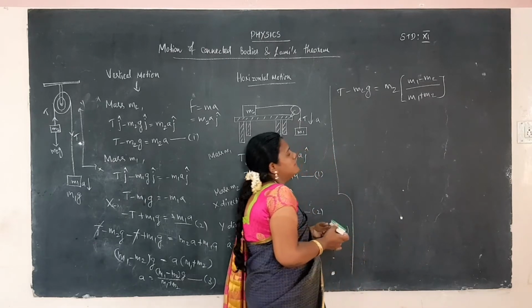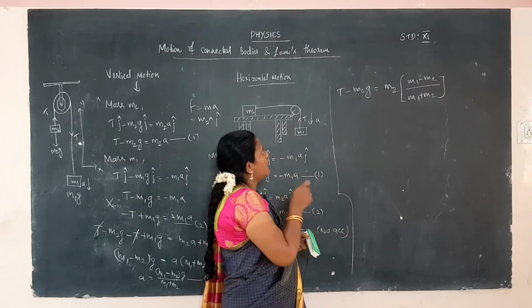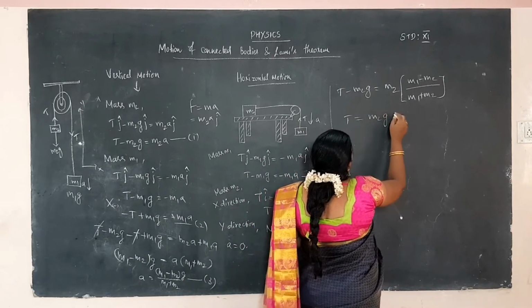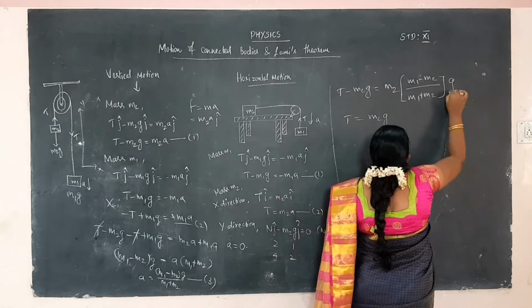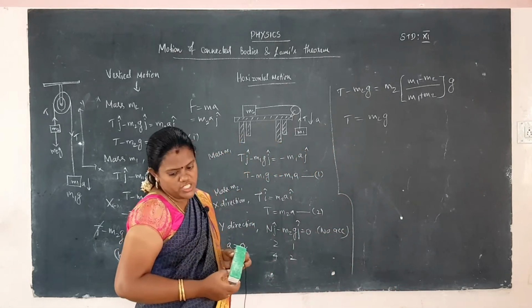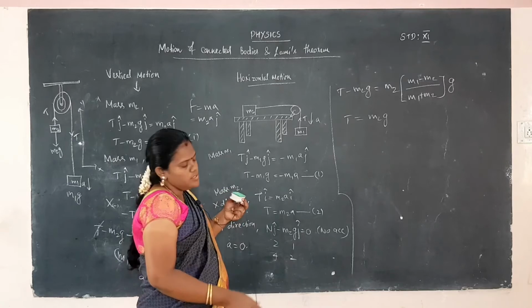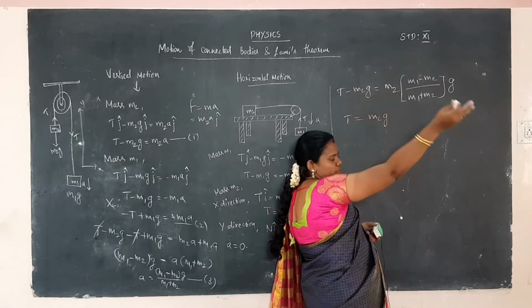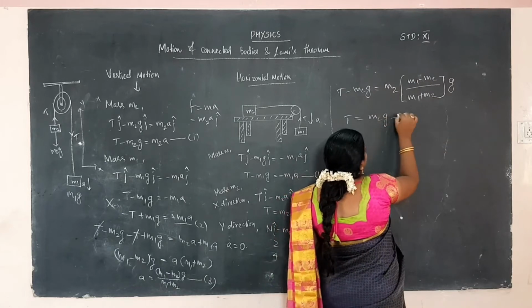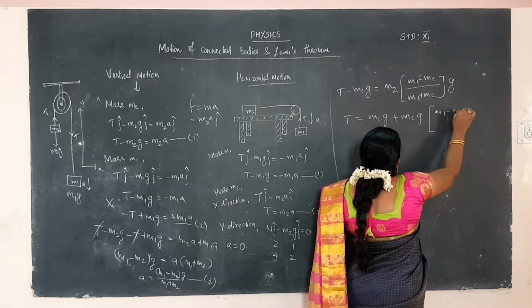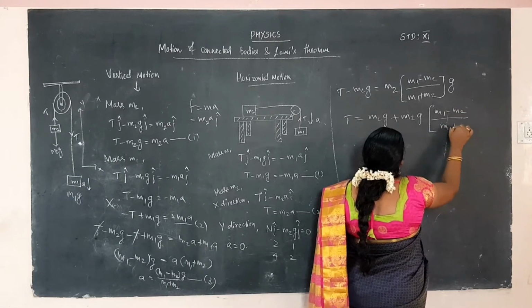Clear? Now we want T. So T is equal to m2g, this is also g, so T is equal to m2g plus m2 into, the m2g goes to the right side, m2g plus m2g into m1 minus m2 by m1 plus m2.